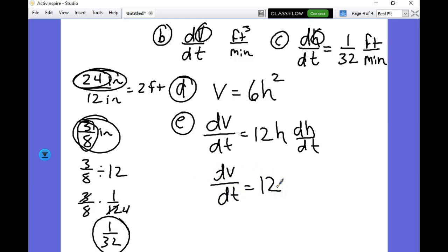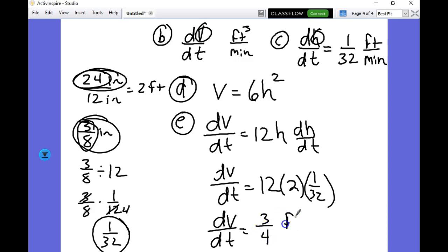In the problem, they tell me that h is 2, I believe. And they also tell us what dH/dt is. It's 1/32. So now we just get to simplify this and see what's up. That's going to be 24/32, which reduces by 8 to be 3/4 of a cubic foot per minute.